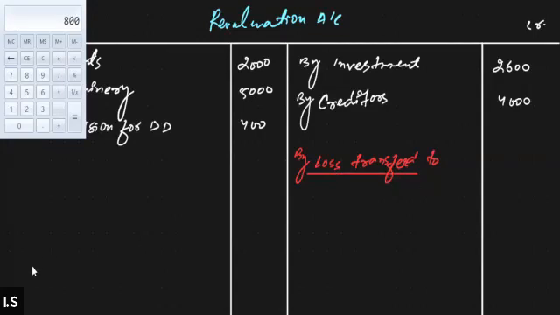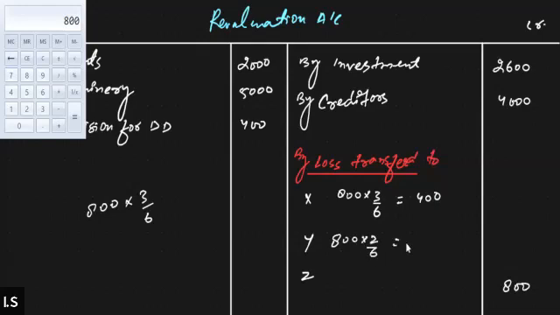Loss will be transferred to the old partners X, Y, and Z. So when you distribute 800 among the old partners, you should get 800 into 3 by 6, so that means 400 for X. 800 into 2 by 6, that is 267 for Y. And for Z, it will be 800 into 1 by 6, so 133 for Z.